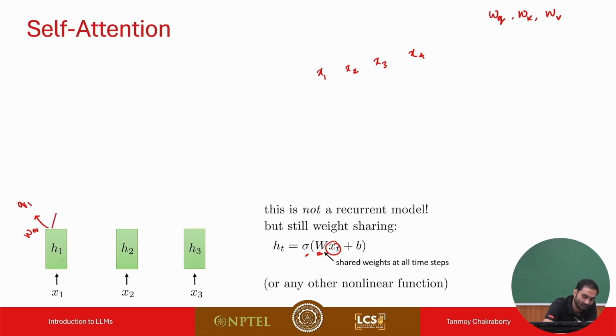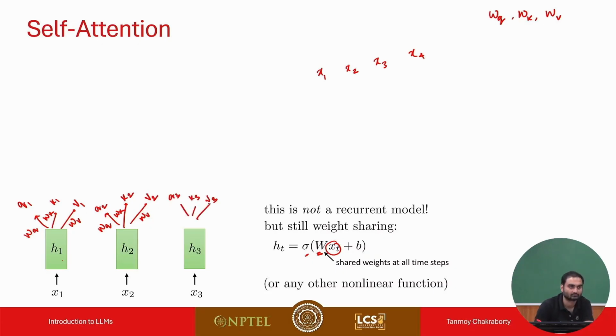We multiply H1 with WK, which will produce K1. We multiply it with WV, which will produce V1. Similarly, you multiply H2 with WQ, which will produce Q2, WK, which will produce K2, and WV, which will produce V2. And similarly, Q3, K3, and V3.